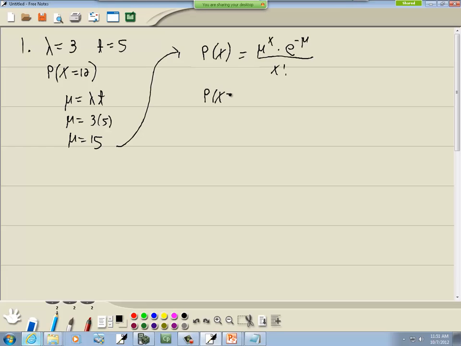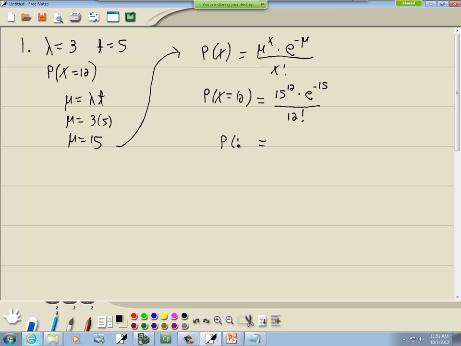Okay, so we're finding x is equal to 12. Mu was 15, so we have 15 to the 12th power times e to the negative mu, so e to the negative 15, over x factorial, which would be 12 factorial.